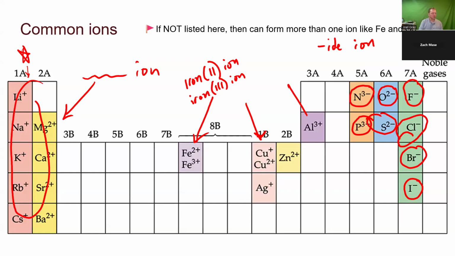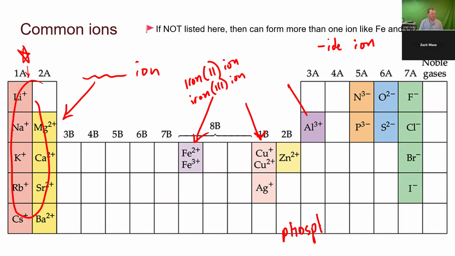I say all those so that whenever the exam comes around, if you see phosphorus ion, when you see phosphoruside as an option, you'll say, oh, that uses the IDE suffix, but there's extra letters in there. Well, that's my line connecting those two.